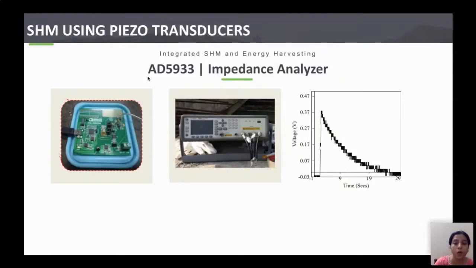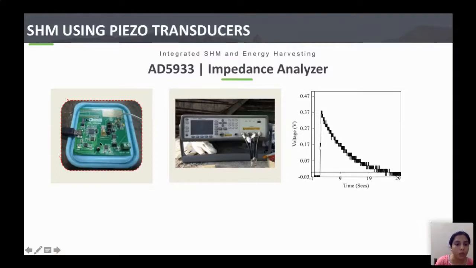Now let's see how they can be integrated. This is the AD5933 circuit, which is a very low power consuming alternative for the conventional LCR meter. We were using this LCR meter for doing our structural health monitoring using the piezo patch.